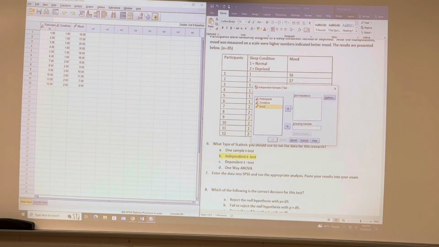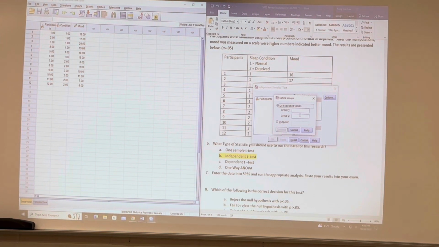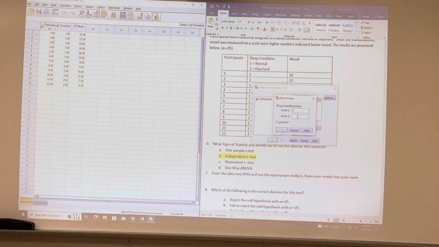Mood. Condition goes to grouping, and then define groups. Put 1 and 2 and say continue and say okay.